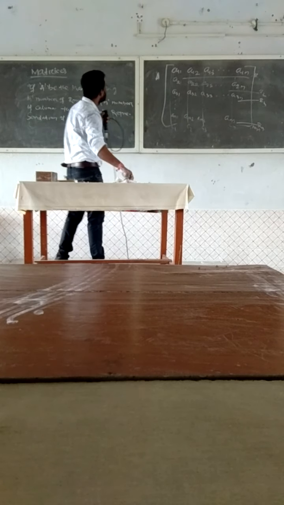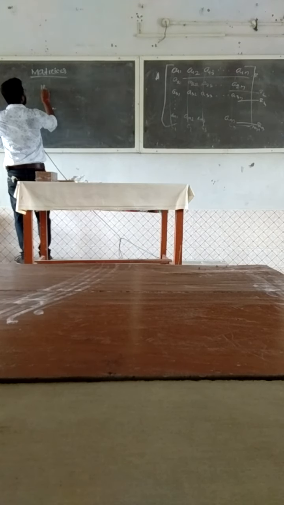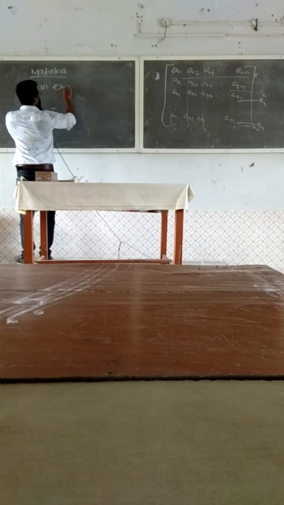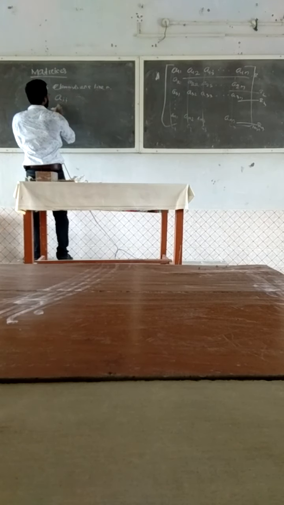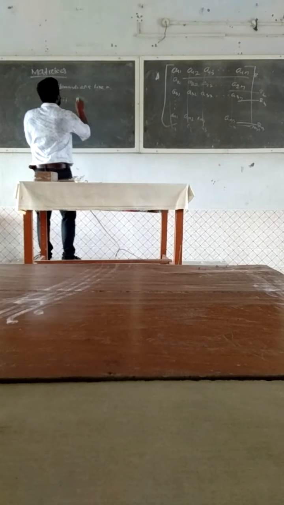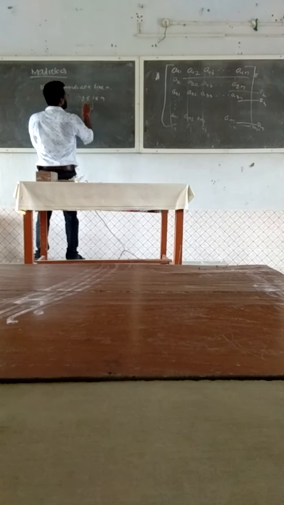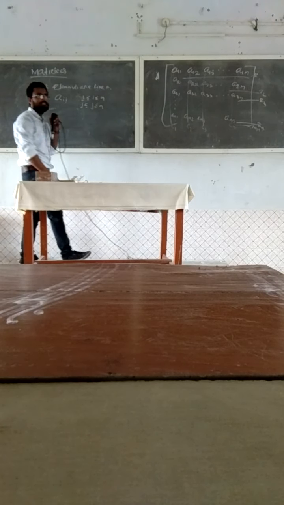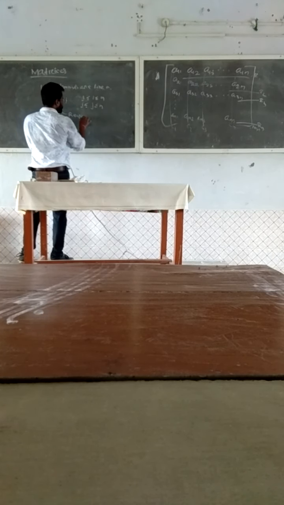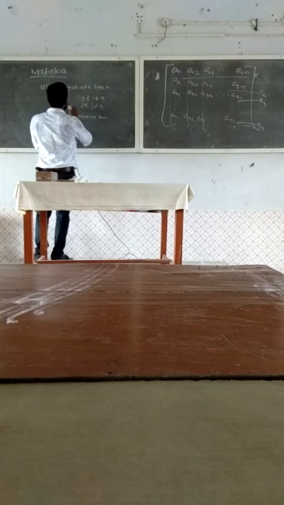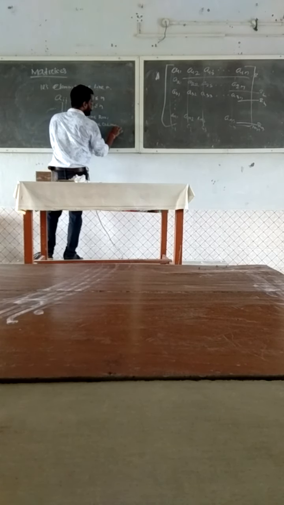And its elements are like Aij. Aij means i lies between 1 to m and j lies between 1 to n. i means the respective row and j means the respective column.